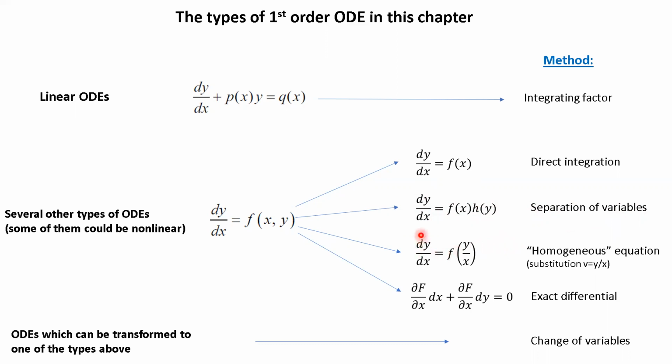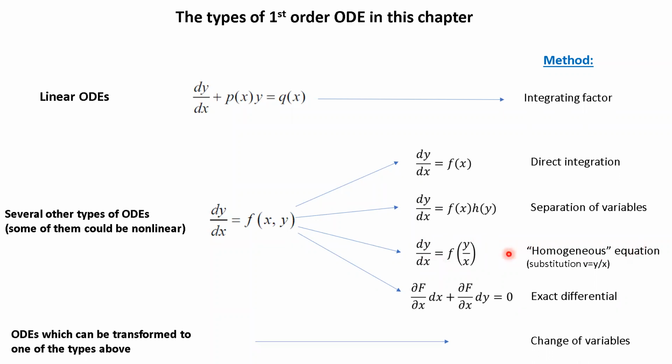Then the third type is dy/dx equals a function, but this function can be expressed as a function of the ratio of the two variables. Again, I'll explain. This will be known as the homogeneous equation.